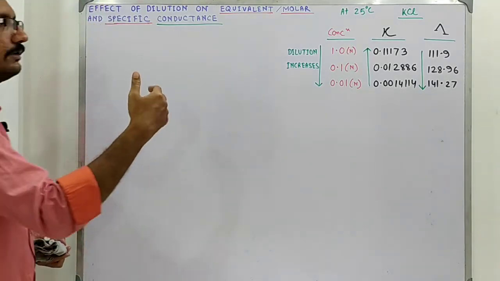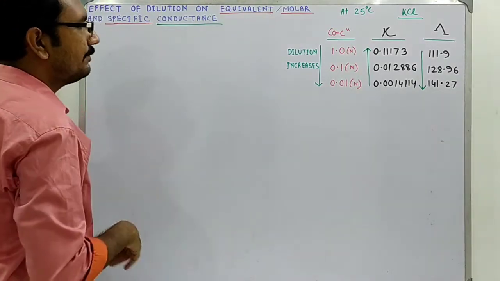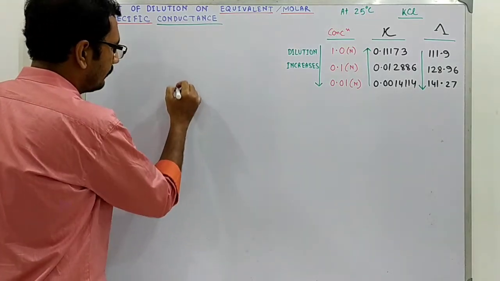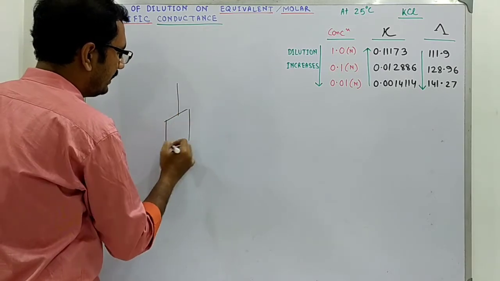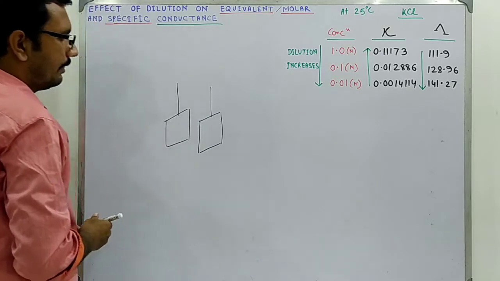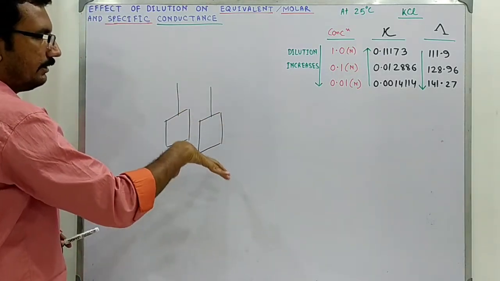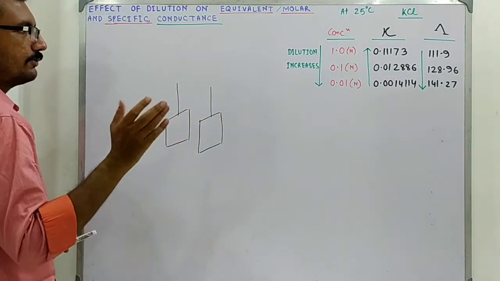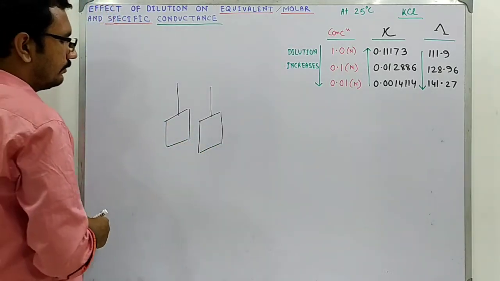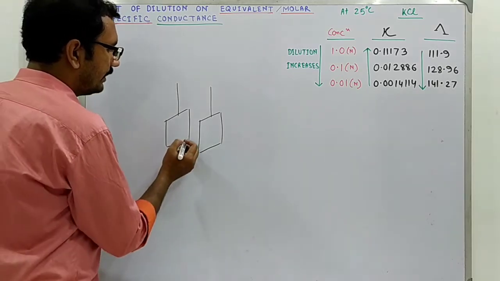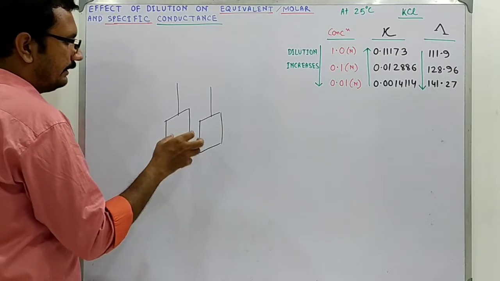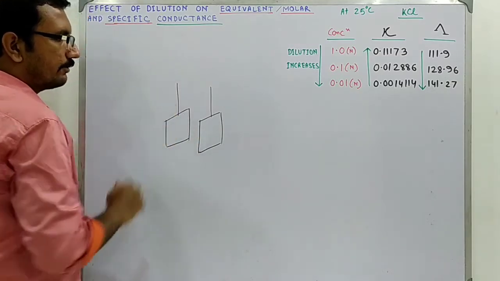Now, let us first start with specific conductance. We take two electrodes and dip them within a solution of a strong electrolyte, say KCl. We are going to measure the conductance of the solution that is enclosed between these two electrodes.